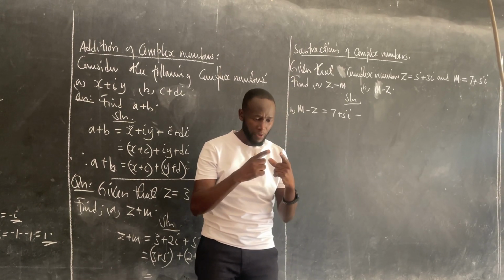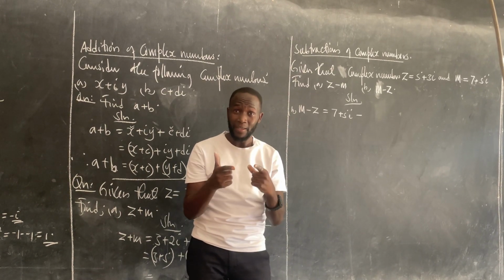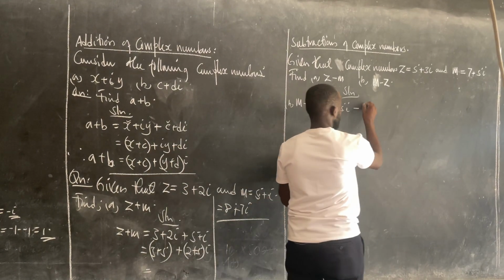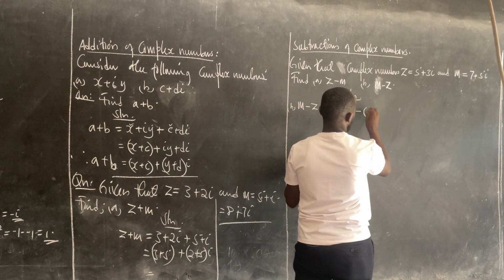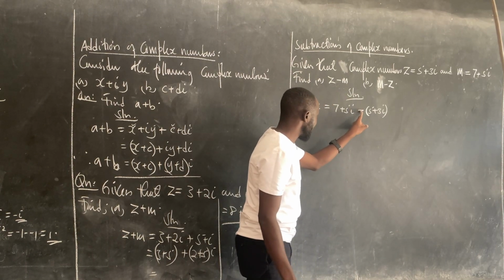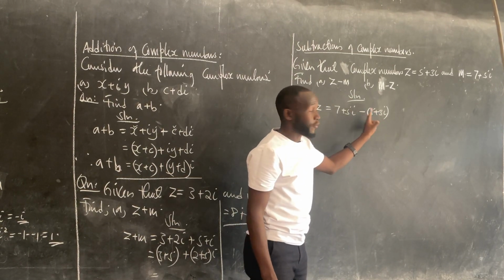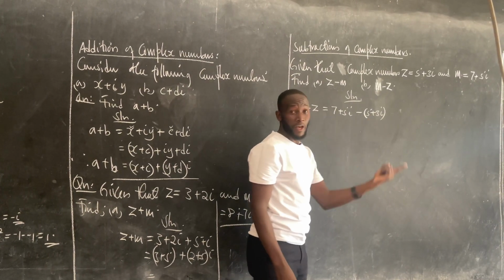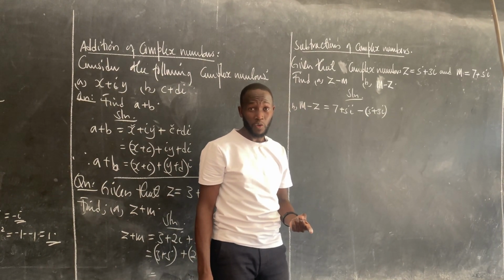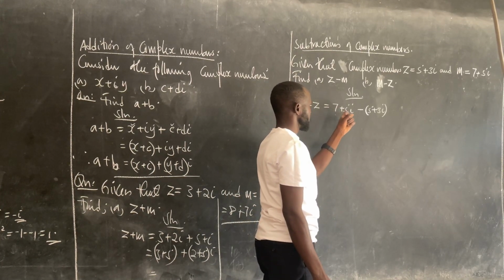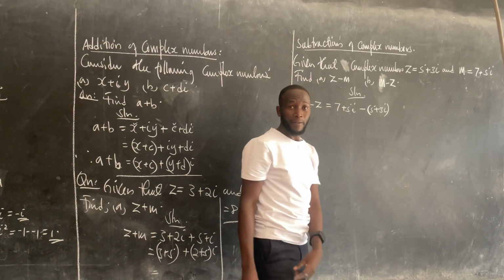If a complex number was given as a pair of a real and an imaginary part, put them in a bracket wherever you're subtracting them. So minus (5 plus 3i). Why do we use brackets? Simply because the negative affects both of them. If you don't, the negative is going to affect only the first figure and the second one shall remain positive. In that sense, you're going to lose it. So what we do here, we subtract real from real, imaginary from imaginary.